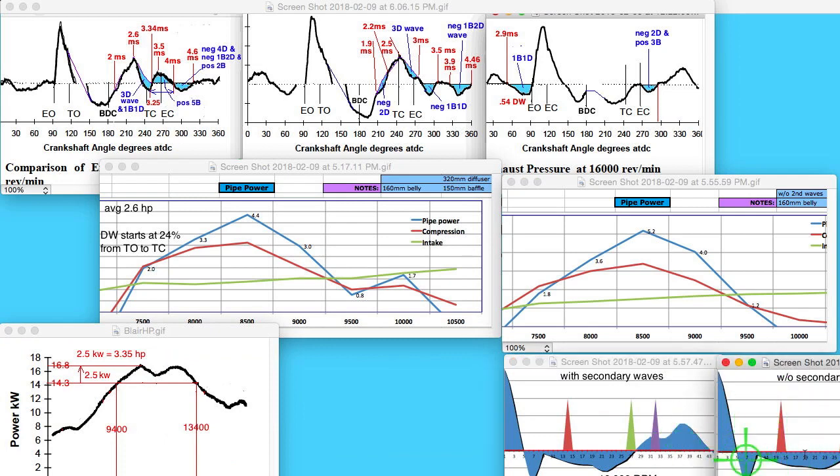Okay, this right here is an example of before and after, calculating it without the secondary wave and calculating with the secondary wave. Sometimes the secondary waves are beneficial. In this case, there's 2 that's beneficial. One, increase the vacuum of the diffuser wave, and the other, increase the pressure at exhaust closing, just a little bit more than what it would be otherwise. And on the overall pipe power band graphs, this is calculating without the secondary waves.